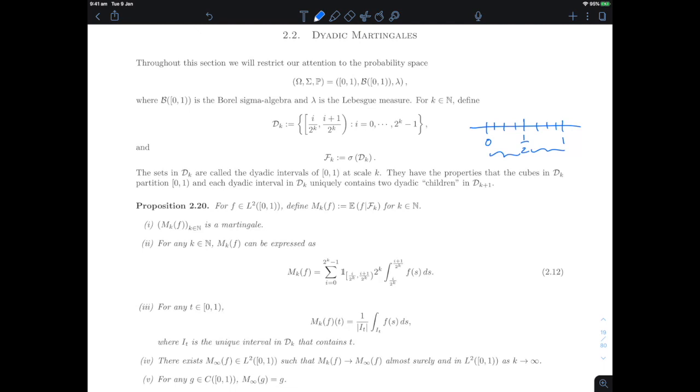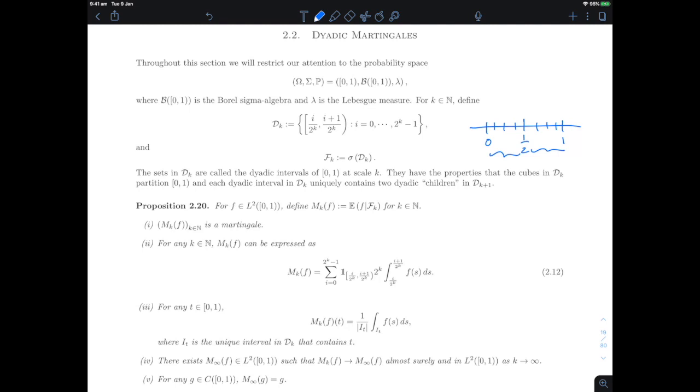Now, the martingale we're about to study is defined by taking the conditional expectation of a fixed L2 function f conditioned on the sigma algebra Fk. What we're going to see is that the conditional expectation of anything given Fk has to be constant on any interval in Dk.